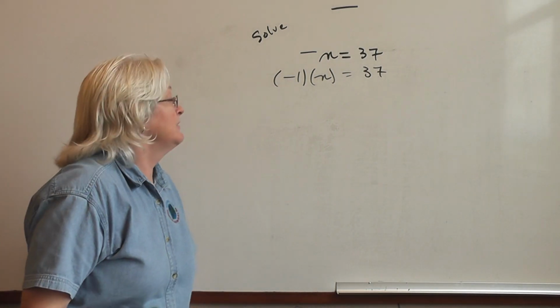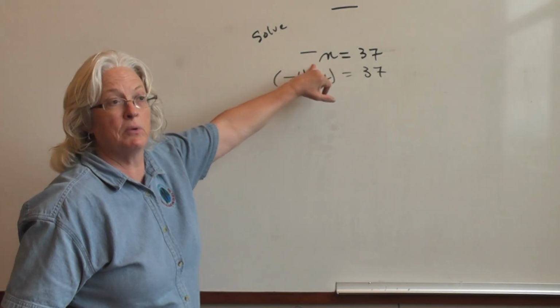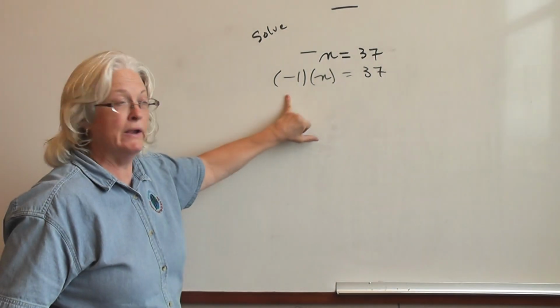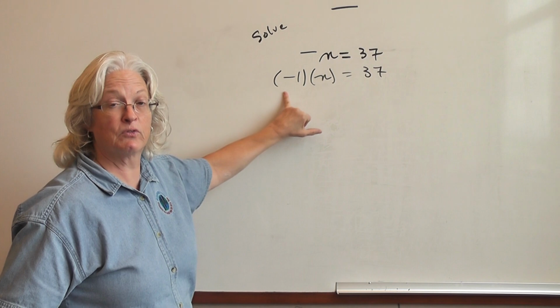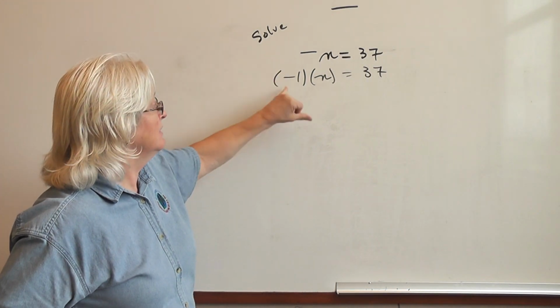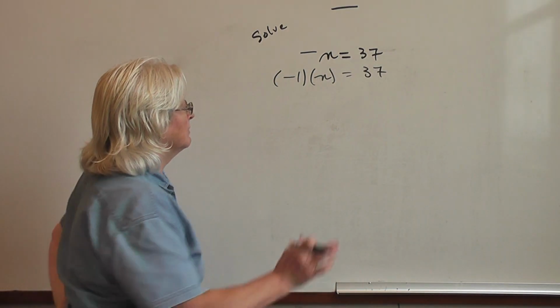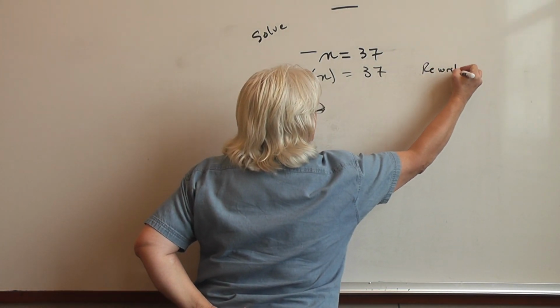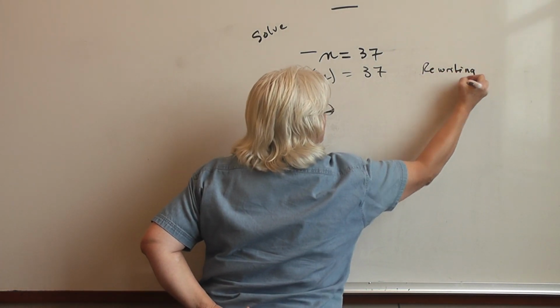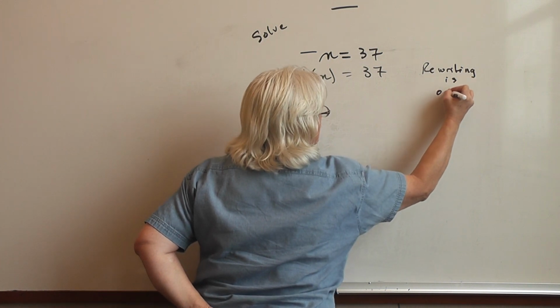Remember, we've also said that if you don't see a number in front of your variable, you understand that it's a 1. Because we have a negative sign, it's a negative 1 in front of the variable. So if it helps you to rewrite it like this, rewriting is optional.